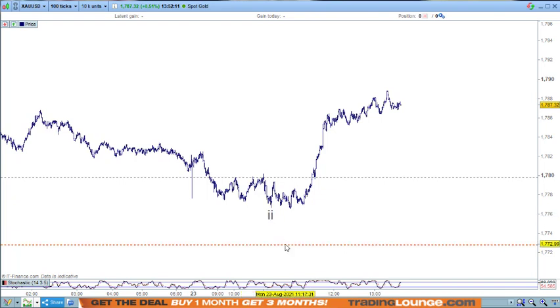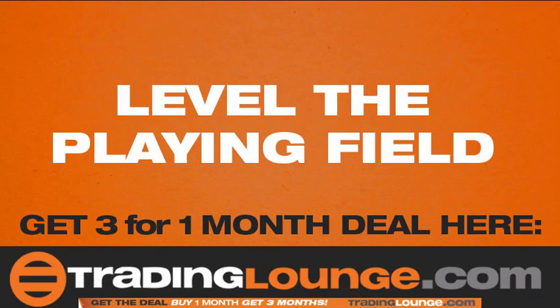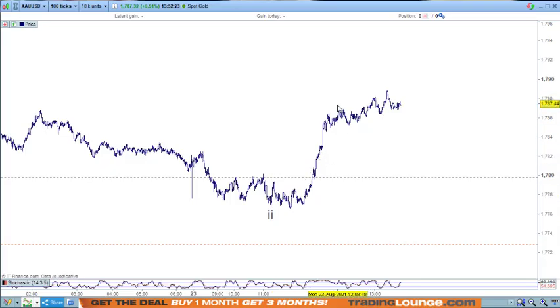It's probably something like that, but I'll need to check on other platforms to see which is the low here. We could say that this is the 3rd wave here, and there'll be a 4th in here, and we're coming up to the 5th. So what we could see is some sort of retracement come back before heading to the upside.